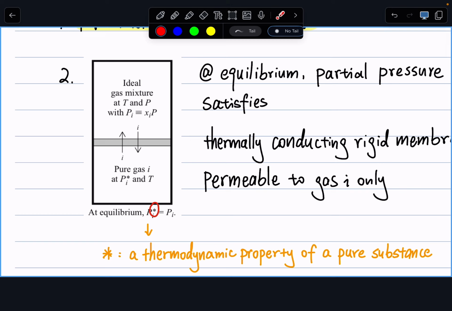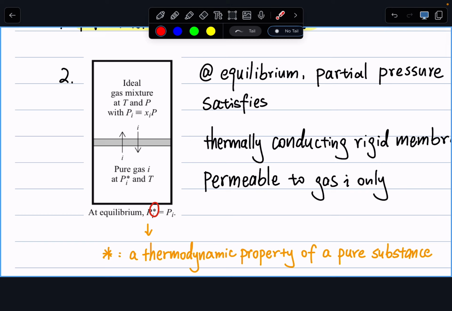So let's say my total number of moles gives me the mole fraction of each species. Let's say they're evenly distributed, each having 1/3. So the partial pressure of species A would equal the mole fraction of A times my total pressure P. All right?